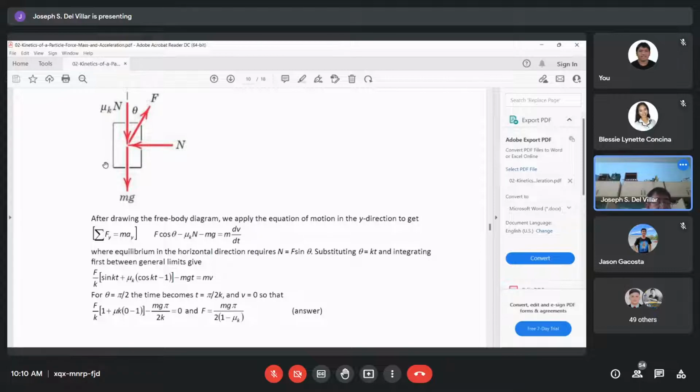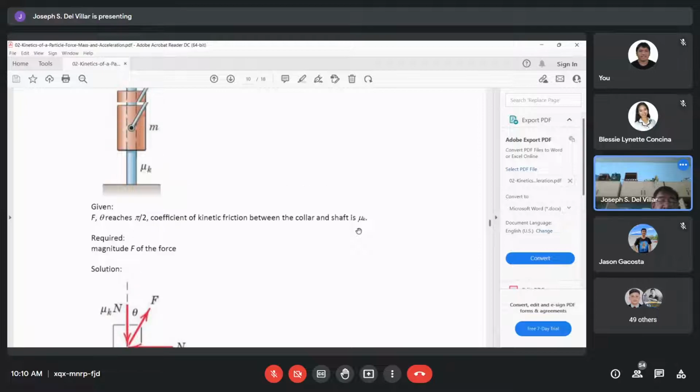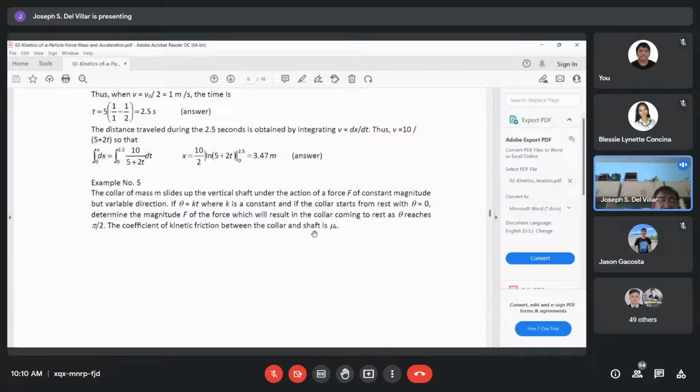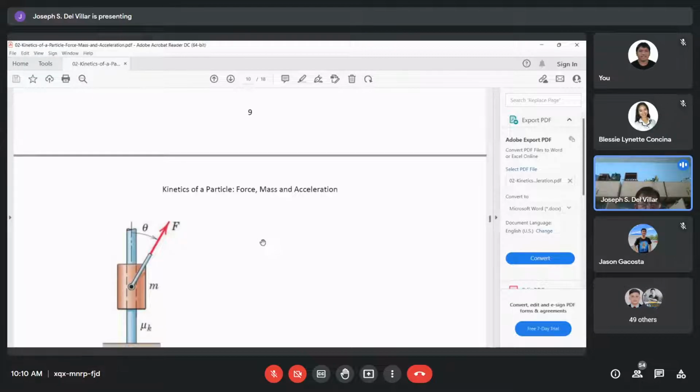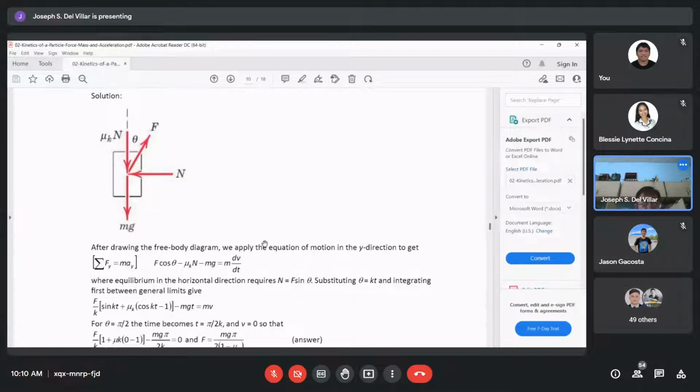So that is now equal to, so substituting the angle theta which is equal to kt from the problem, di ba? Ito yan, from the problem, sabi dito, if theta is equal to kt, okay, then we have, ayan, no?